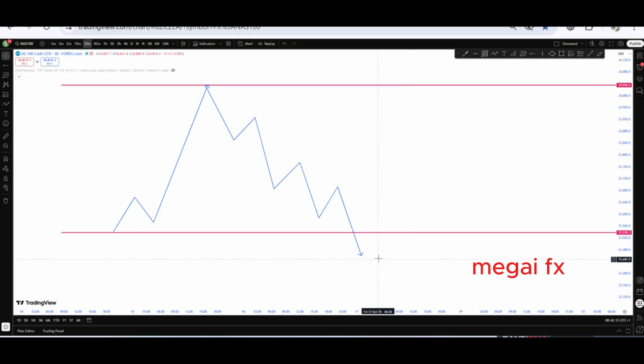You understand? This is point A, this is point B. Market took liquidity here, and market now gave us a market structure shift like this.